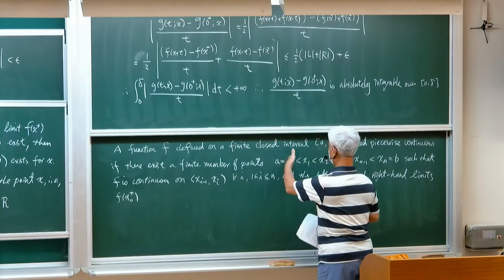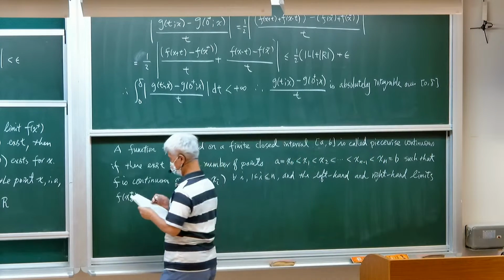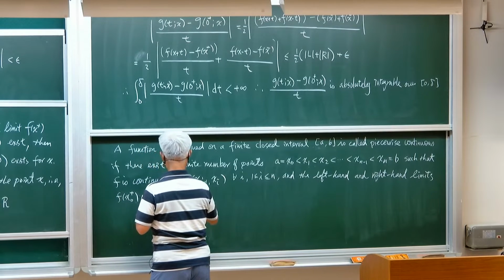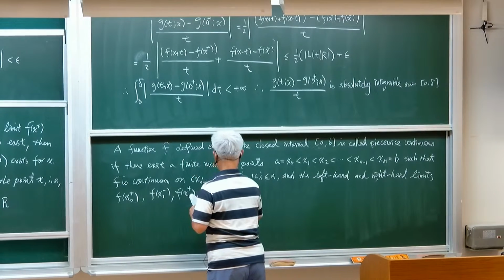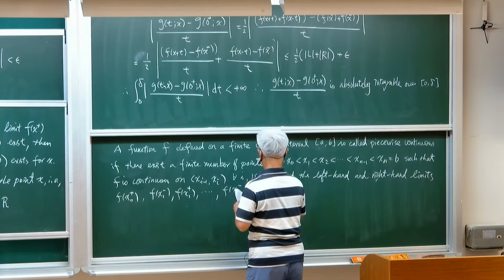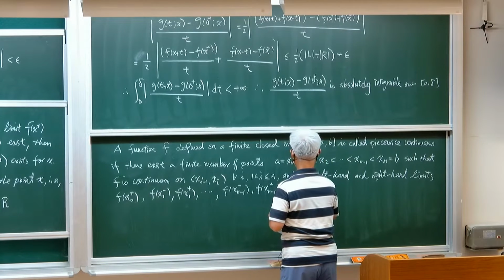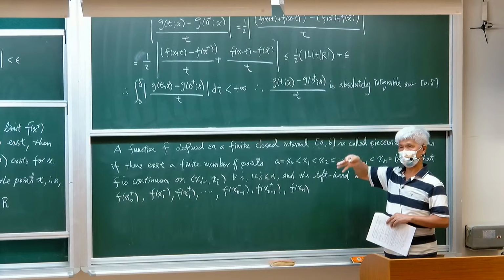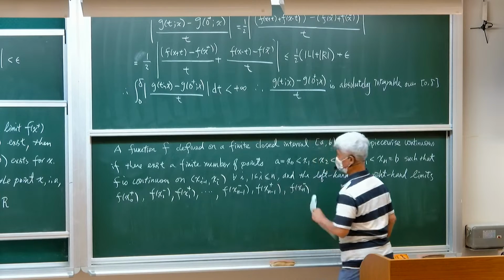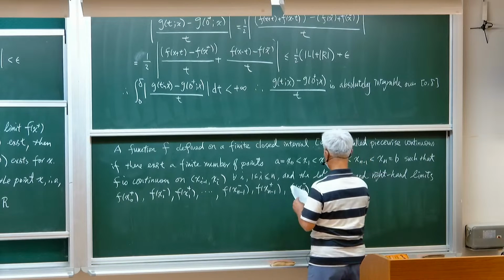Because we have a left boundary, we only have a right-hand limit at x0, but we have a left-hand limit and a right-hand limit at x1, etc., and at x sub n minus 1. And for xn, because xn is equal to B, the rightmost endpoint, it has only a left-hand limit. So those left-hand and right-hand limits exist.